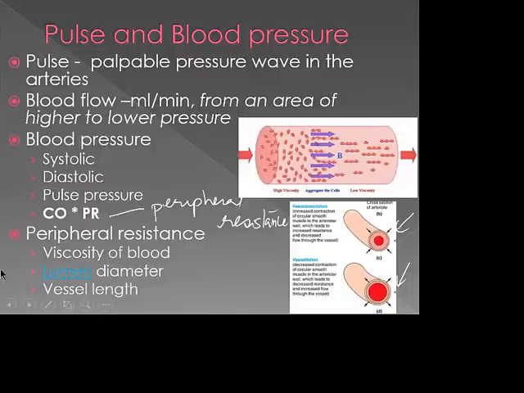We already know what factors increase or decrease cardiac output. So since we say blood pressure is cardiac output times peripheral resistance, if your cardiac output increases, automatically your blood pressure will increase. If your cardiac output decreases, your blood pressure will decrease, right?